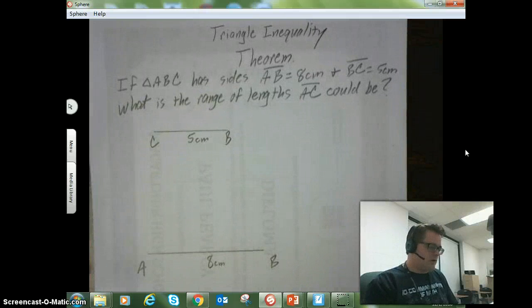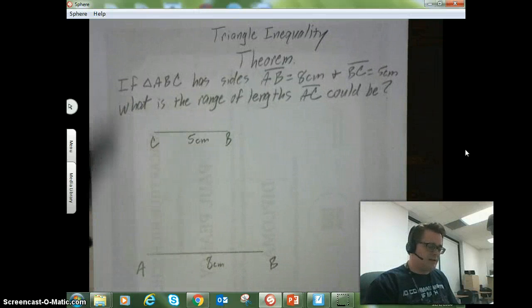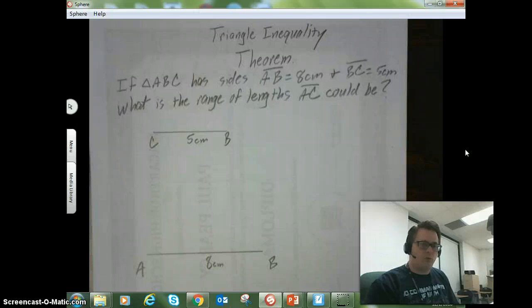So for the triangle inequality theorem, there are actually two things we're going to talk about, and I'll get to those towards the end. This is the first way we're going to approach it. We have a triangle we're trying to form called triangle ABC. Side AB has a length of 8 centimeters and side BC has a length of 5 centimeters.